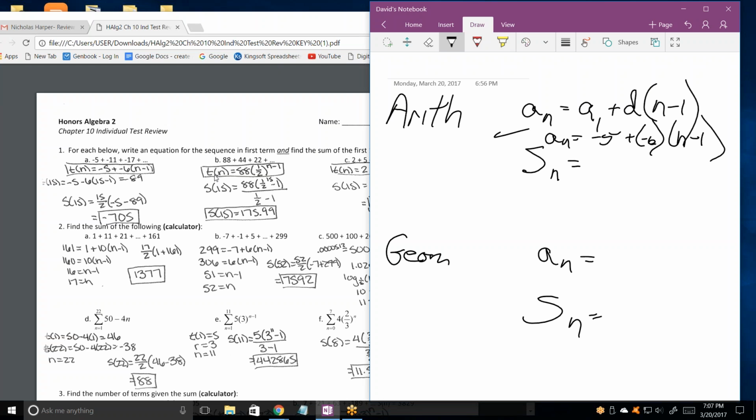What is the general formula for the sum of the first n terms of a sequence? It's the number of terms divided by 2, and then times the first term plus the last.